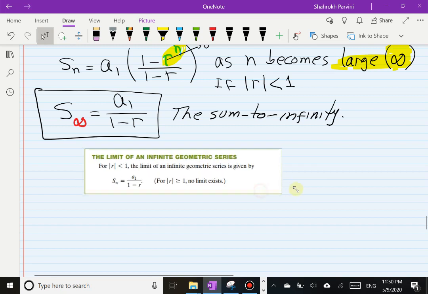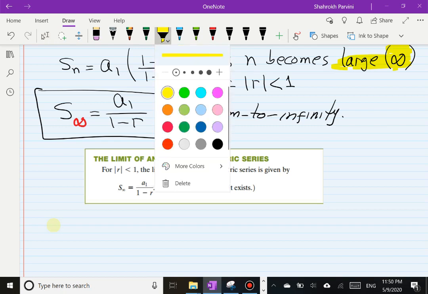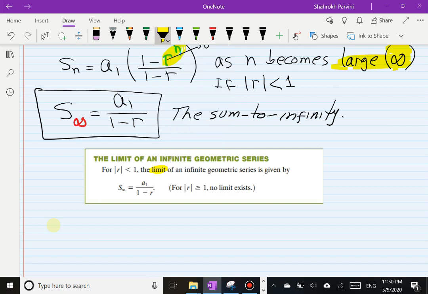Now the book calls this the limit of an infinite geometric series. They talk in terms of limits. The limit here is the sum. So think of the limit as meaning the sum of an infinite geometric series.